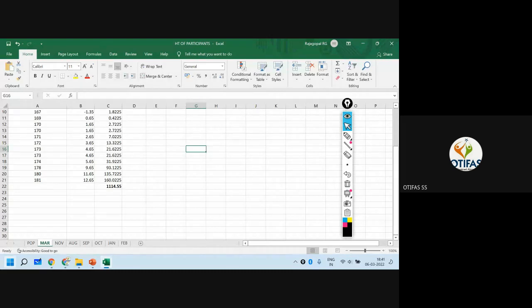Now just tell me, can I call this the sum of squares? What if I mention it as SS, sum of squares?